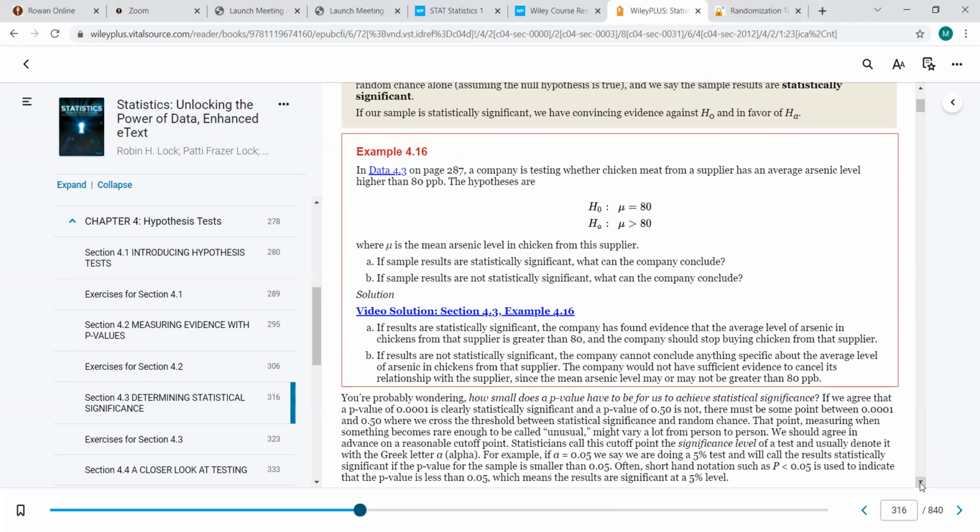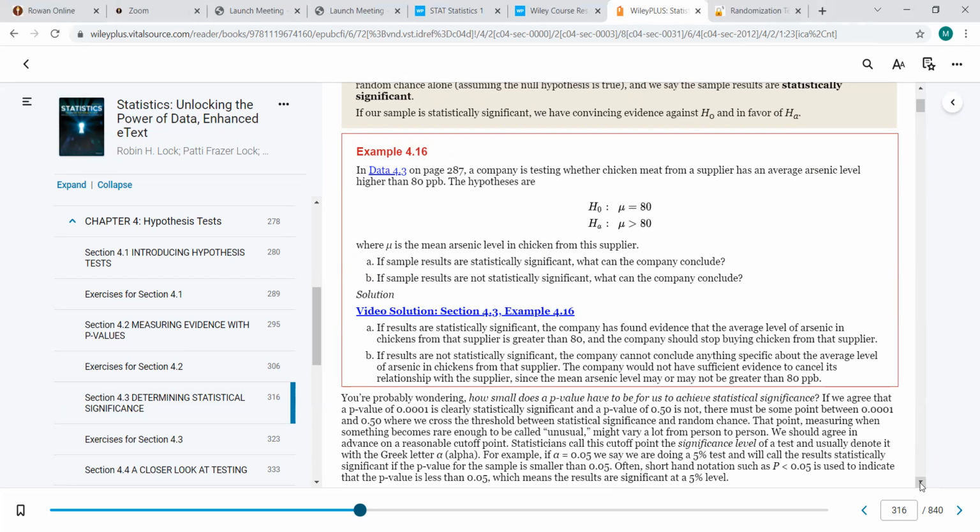Well, if you remember this particular case about arsenic, which is poison, arsenic in chicken. In the European Union, it's banned to use arsenic in chicken, but in the United States it's not banned. But they do have a limit to how much arsenic can be put into chicken, at least according to this book.